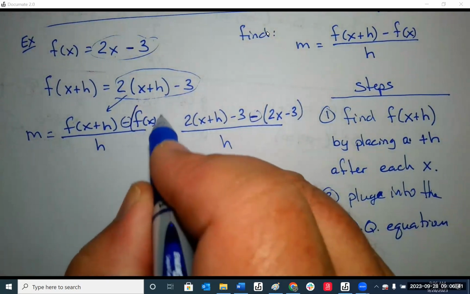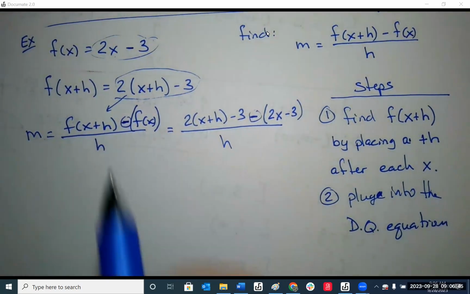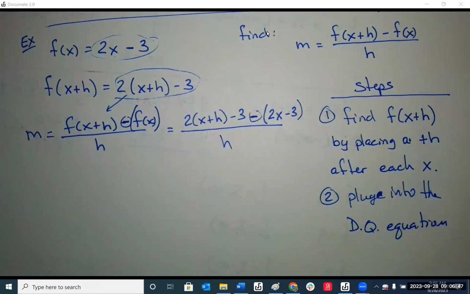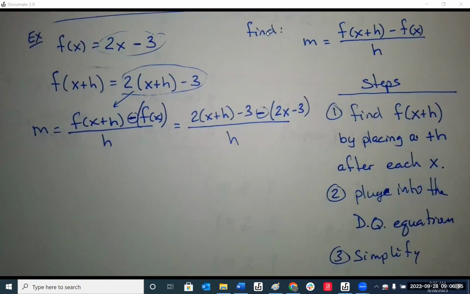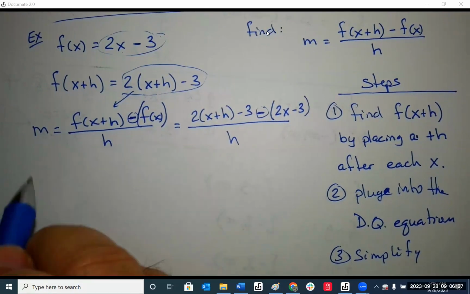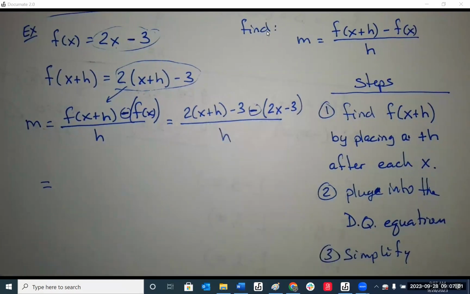So always put your f of x inside parentheses after the minus sign. And then simplify. In other words, let's get rid of the parentheses.